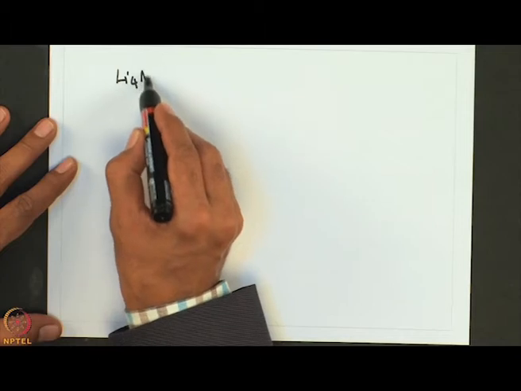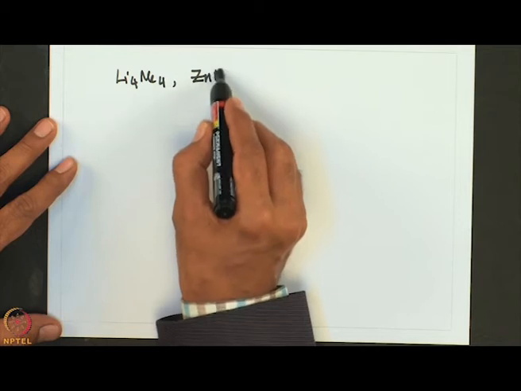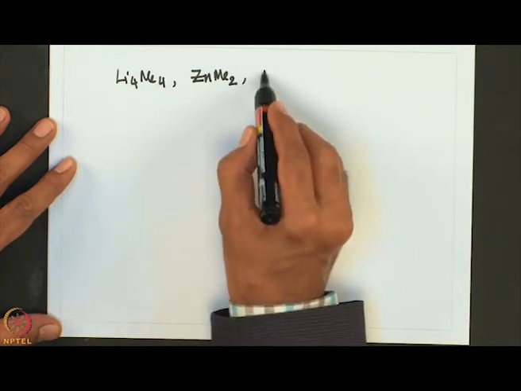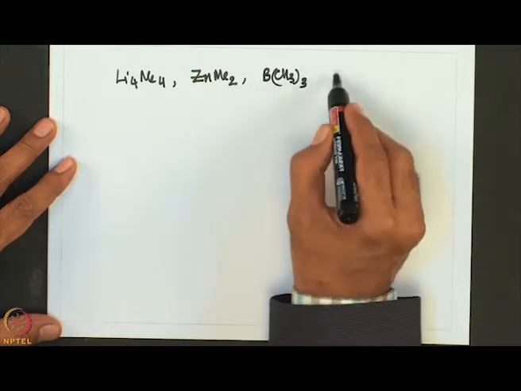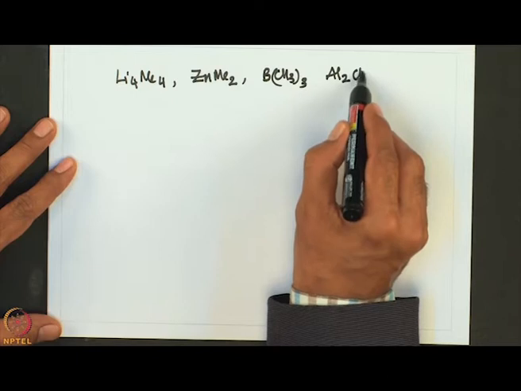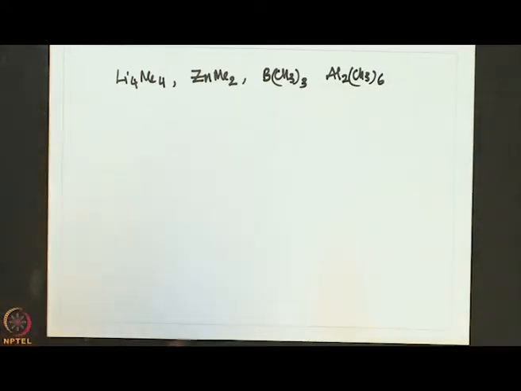Methyl lithium, okay, so Li4Me4, or dimethyl zinc, or trimethyl boron, or Al2(CH3)6, trimethyl aluminum. So, they are all volatile pyrophoric compounds. For example, B(CH3)3, trimethyl boron may be handled in vacuum line and inert atmosphere techniques are used for less volatile but air sensitive compounds.